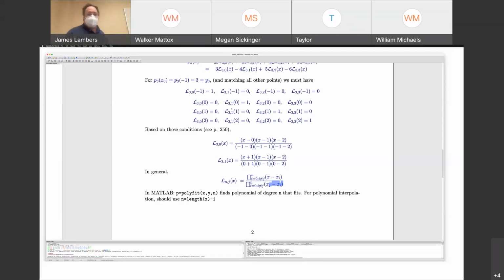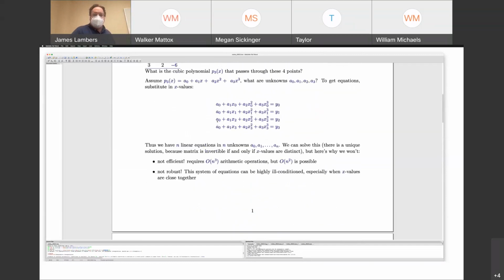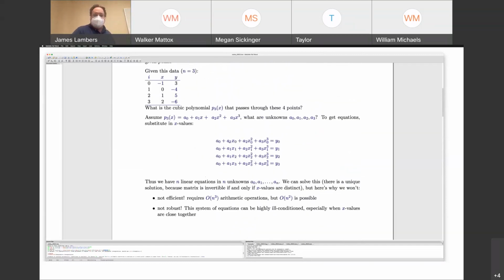Another way to think about it from a linear algebra point of view: here I have these coefficients times the monomials 1, x, x squared, x cubed, and I set up a system of equations. But really, I could have had these coefficients multiplied by any 4 polynomials as long as they are linearly independent, and I would still get a system like this, where instead of 1, x, x squared, x cubed, I have whatever polynomials are multiplied with them, evaluated at x0, x1, x2, x3.